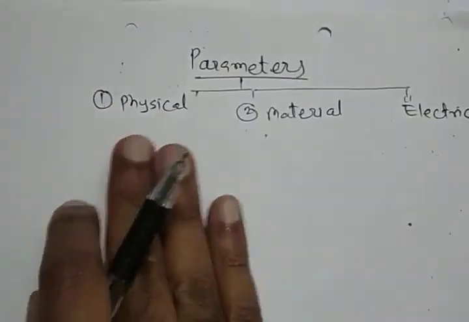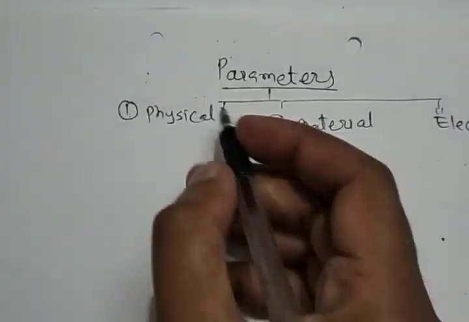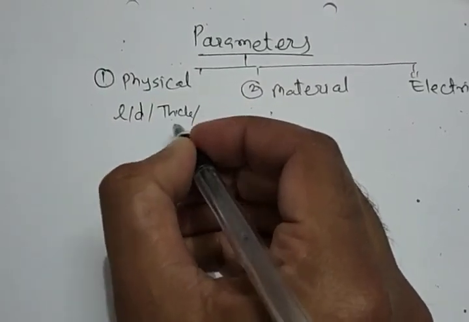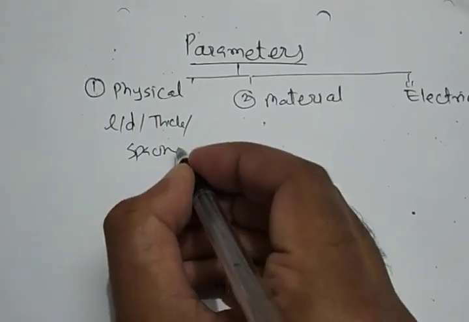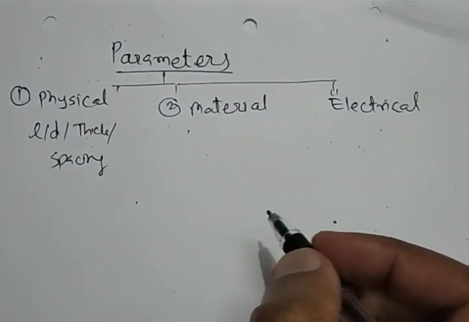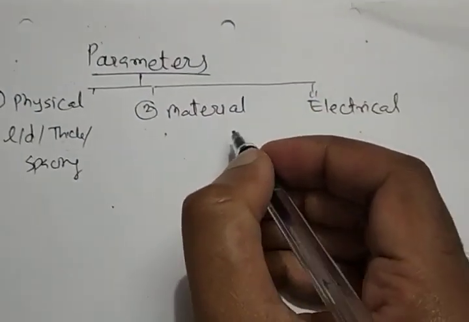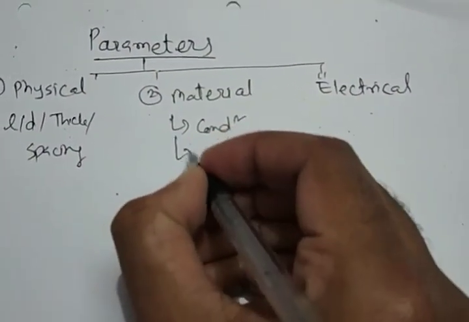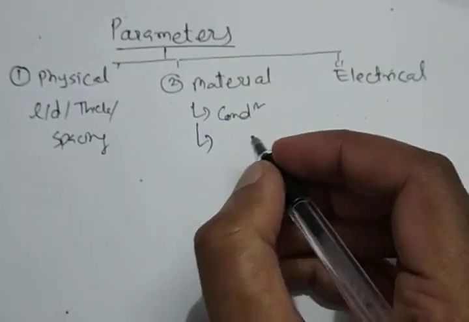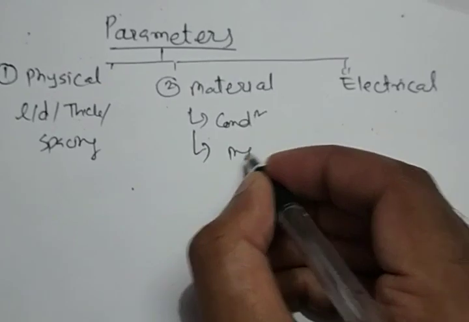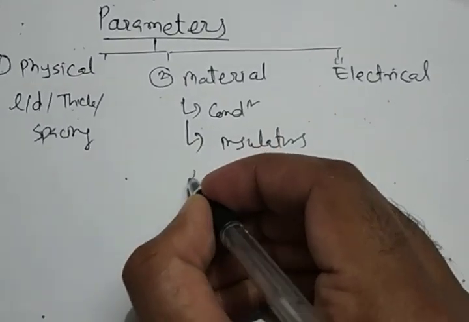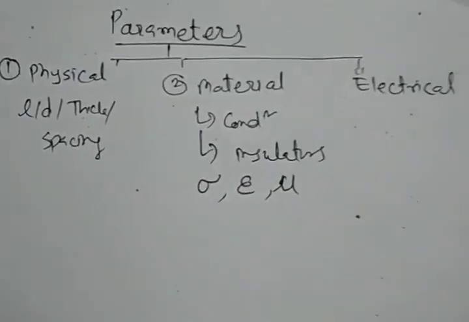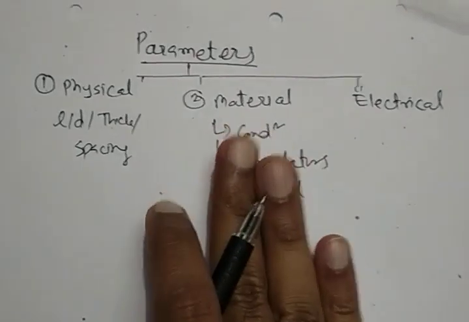If the length increases, resistance and other parameters increase. So all of these are very important when we talk about a lengthy transmission line. And for the material, whether we are talking about conductors or insulators, which type of conductors, what the conductivity of the material is, and what the permittivity and permeability are, all of them are very important.